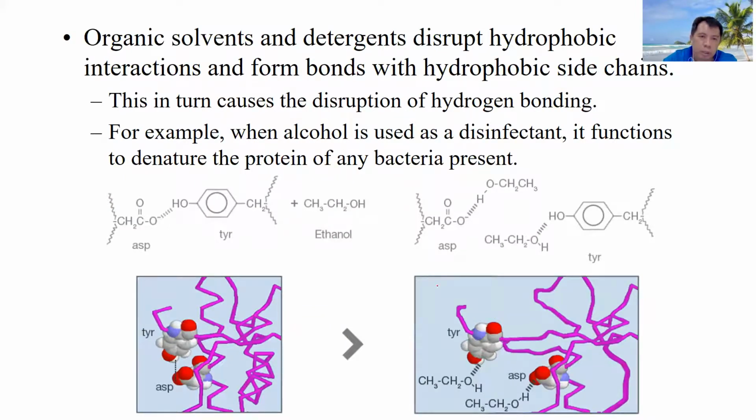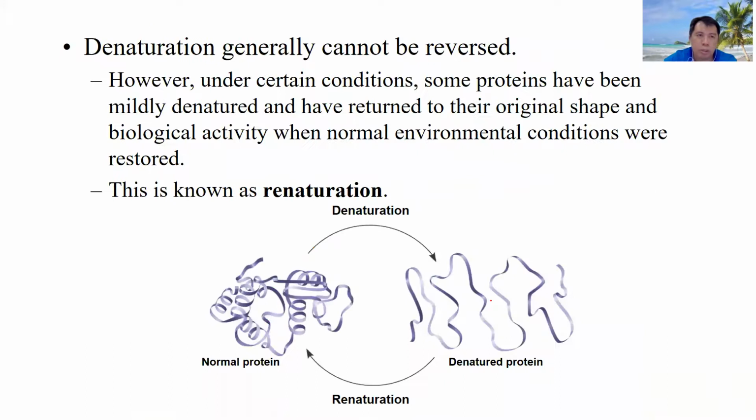If we use an organic solvent, for example ethanol, it disrupts most of the hydrogen bonding. You see, they disrupt already, so the three-dimensional shape of the protein also changes. The protein is denatured. And denaturation generally cannot be reversed, as we discussed before.